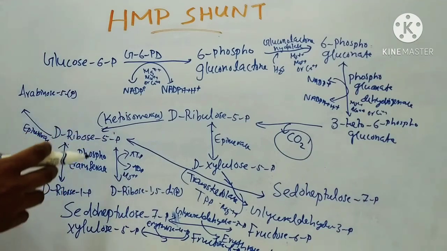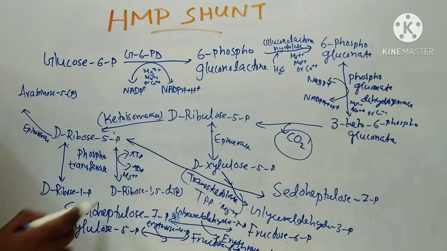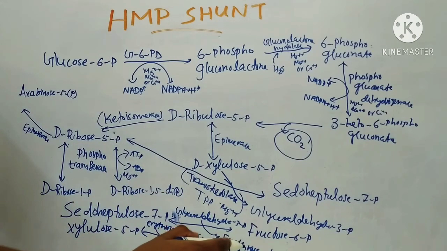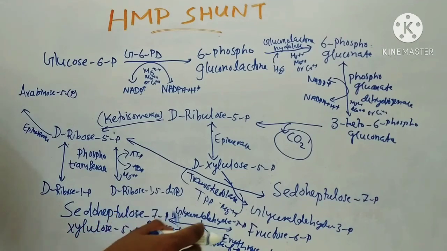That is a transketolation reaction. Here it is the transaldolation reaction: sedoheptulose 7-phosphate combines with glyceraldehyde 3-phosphate to form erythrose 4-phosphate and fructose 6-phosphate. Then again a transketolation reaction: xylulose 5-phosphate combines with erythrose 4-phosphate and forms fructose 6-phosphate and glyceraldehyde 3-phosphate.